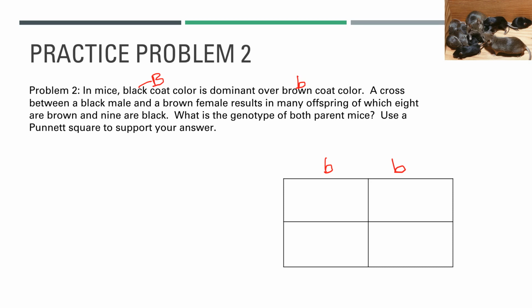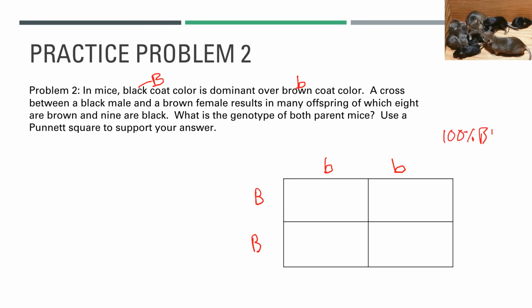Now, what we're seeing in the offspring is that 8 are brown and 9 are black. That's roughly 50-50, or 2-to-2 in terms of the phenotype ratio. So when we're looking at that, we have to come up with, well, what's going to be the only way that gives us that ratio? If I put down that the parent that was black was pure black, a big B and a big B, that big B would transfer into all these boxes, and that would be 100% black if we were to run that cross.